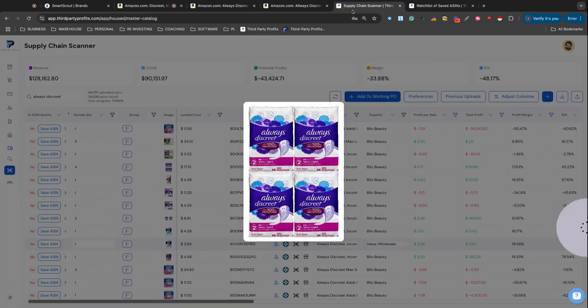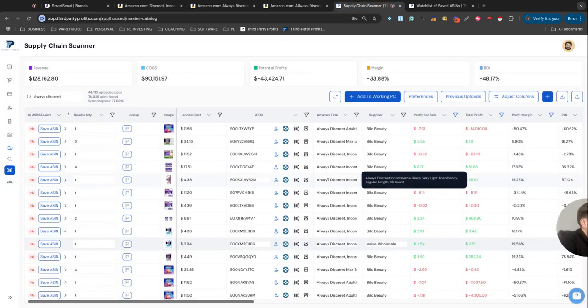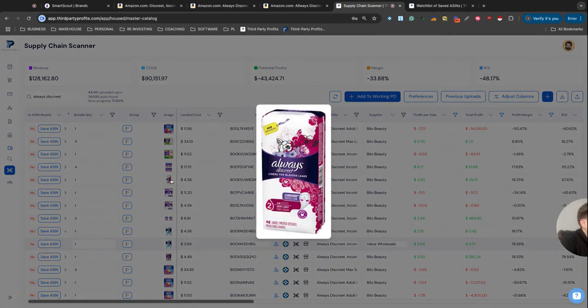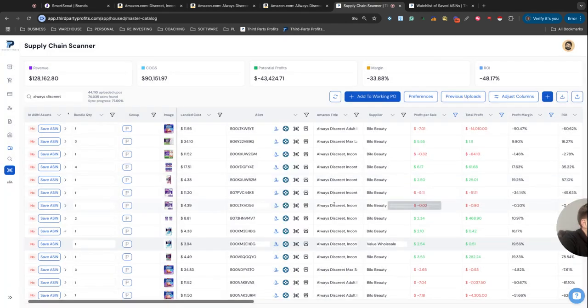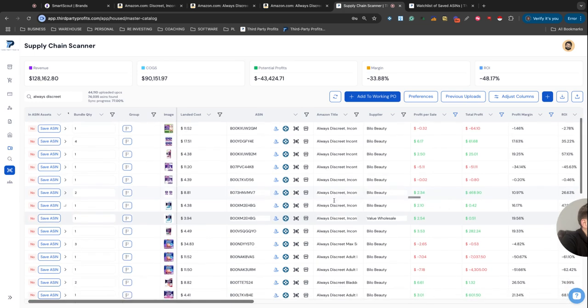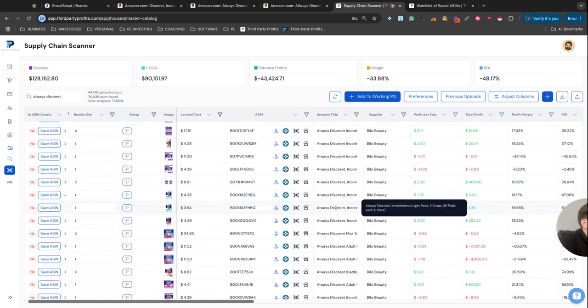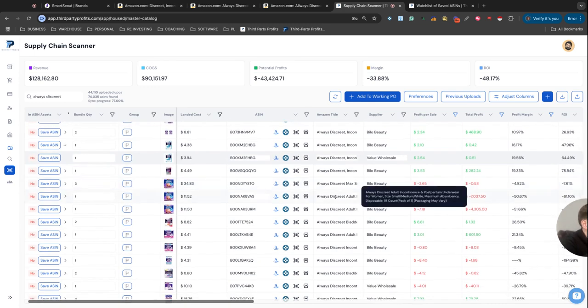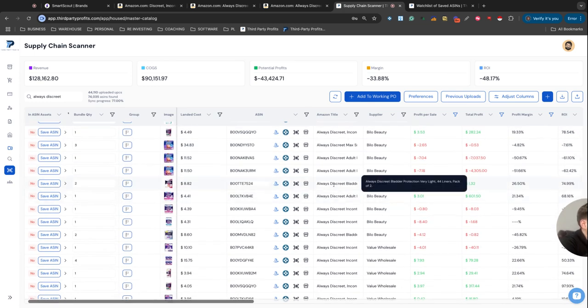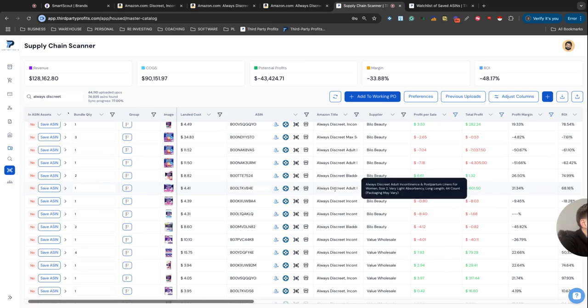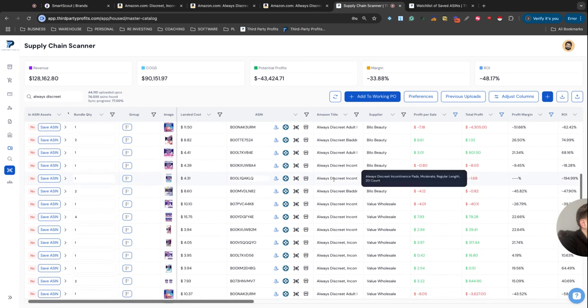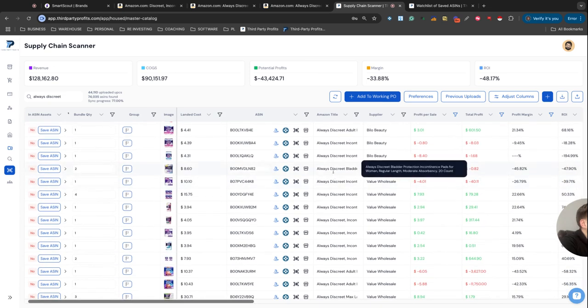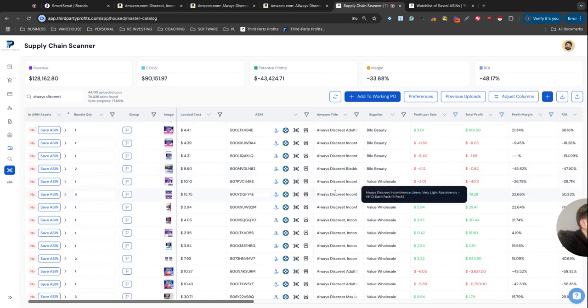So let's go back. 48 count again, very light. 33 count, 30 pads, 30 pads. 44. 48 count, very light.